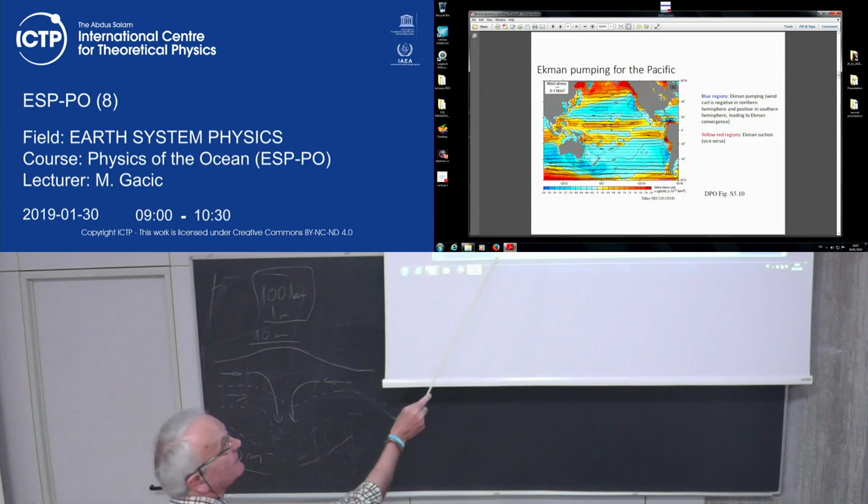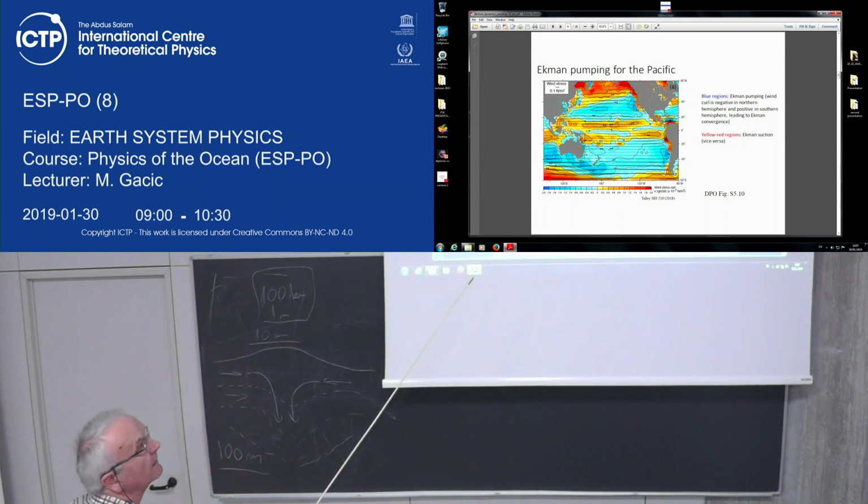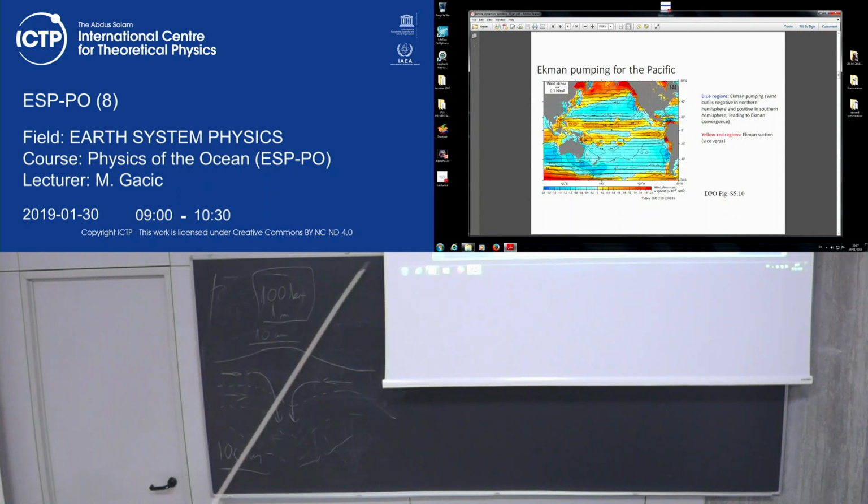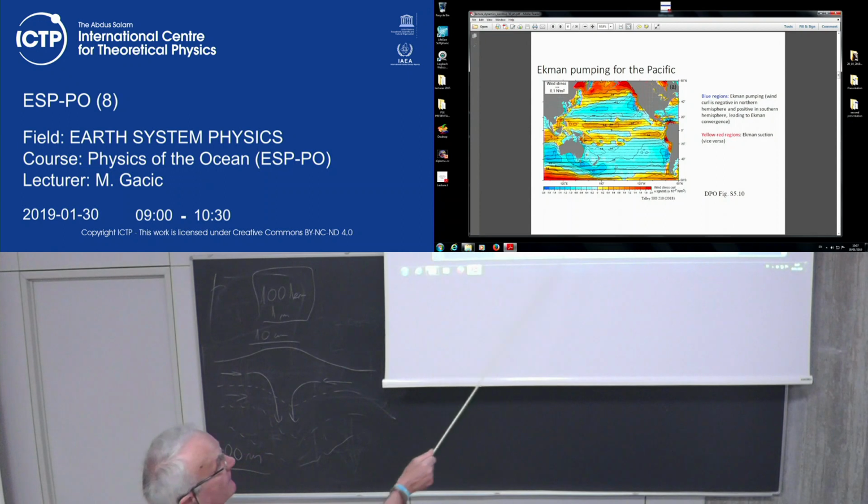Again, we see that the Ekman pumping corresponds to the anticyclonic vorticity. To the cyclonic vorticity, we have the Ekman suction, and these areas correspond very well one to another.